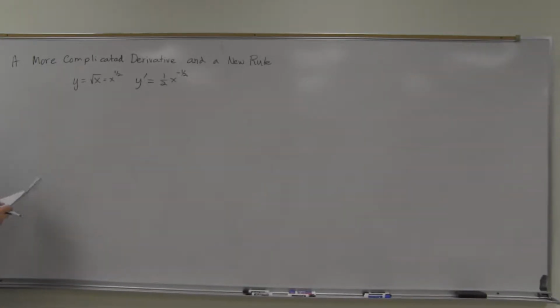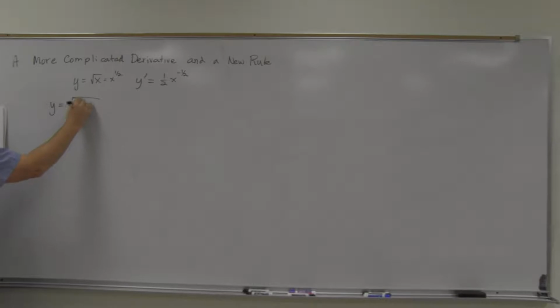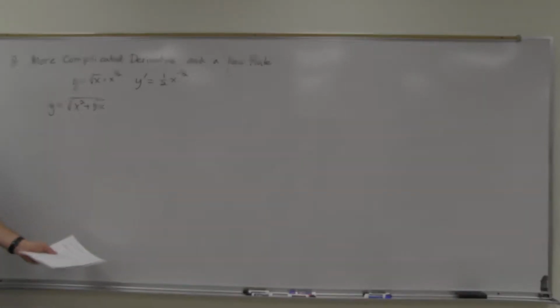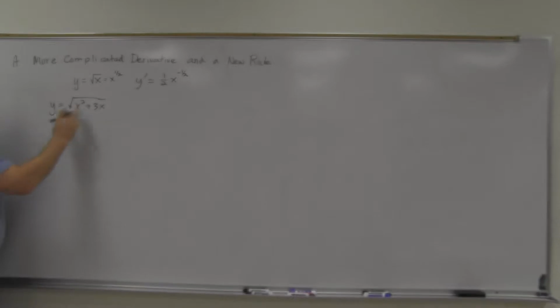Now, the more complicated derivative, related to the square root of x, the one I'm going to start with here, is y equals the square root of x squared plus 3x. So it's a square root. However, this one's much more complicated because it's the square root of x squared plus 3x.